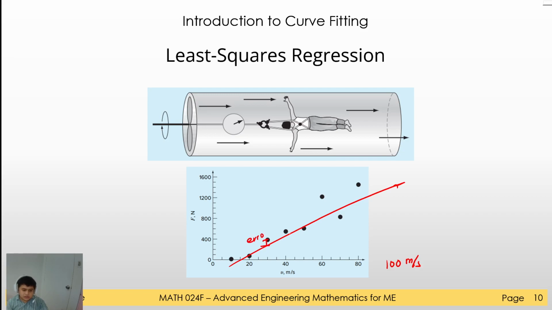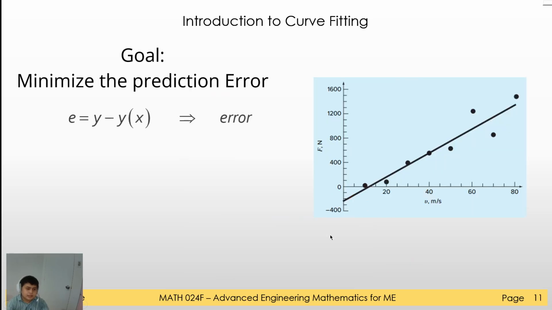So here is the difference between the prediction and the data. We have this error and we want to relate this difference. So we have the error as the difference between the data and the prediction function.